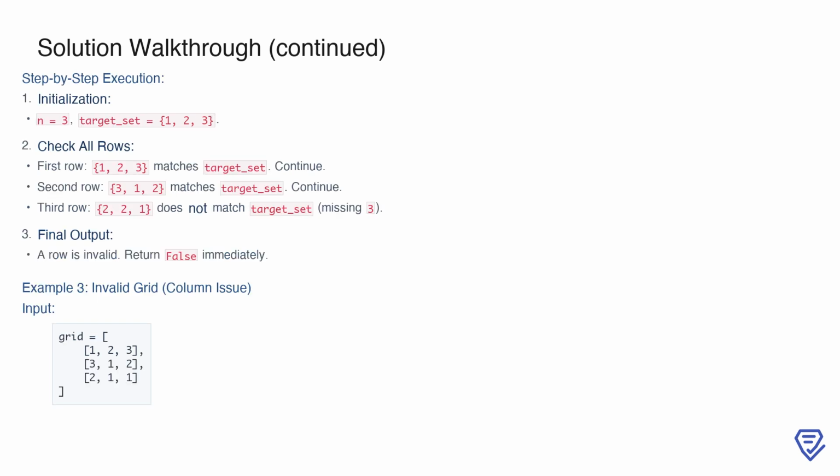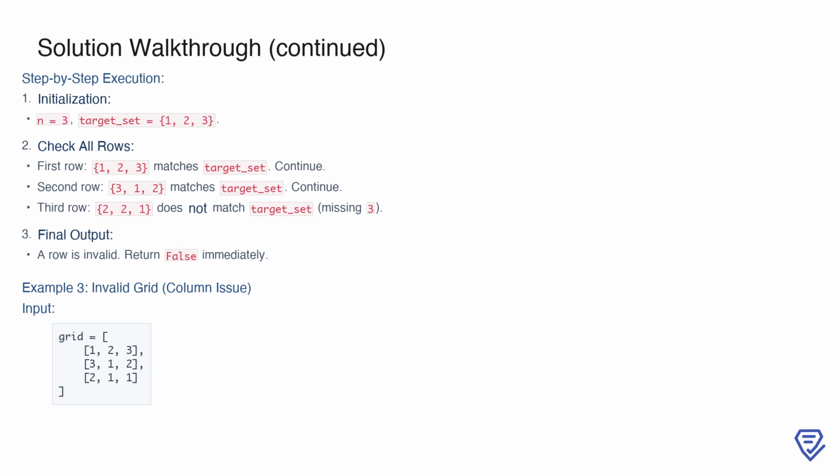In the second example, the grid contains a problem in one of the rows. Again, we start by initializing n as 3 and target_set as 1, 2, 3. Moving to the row validations, the first row forms the set 1, 2, 3, which is valid. The second row forms the set 3, 1, 2, which is also valid.